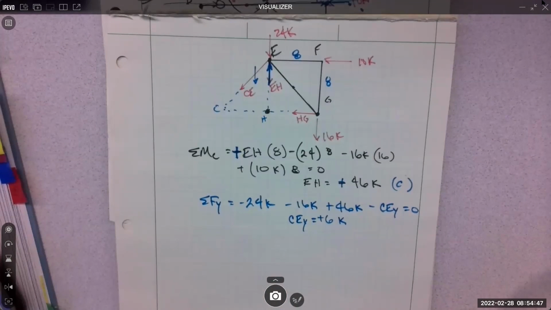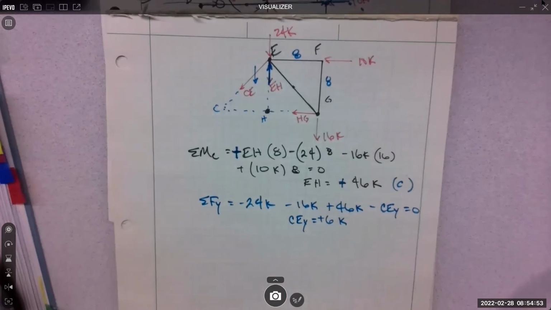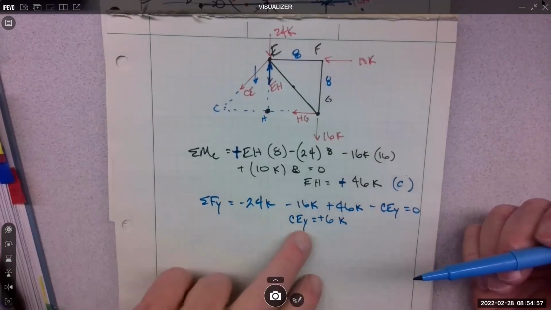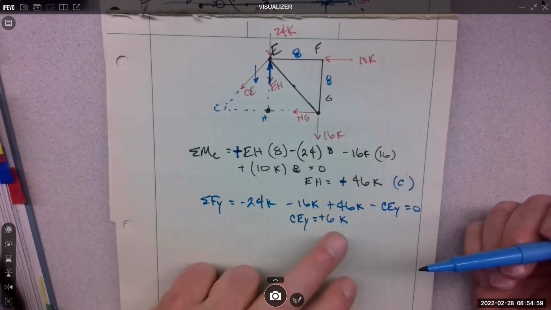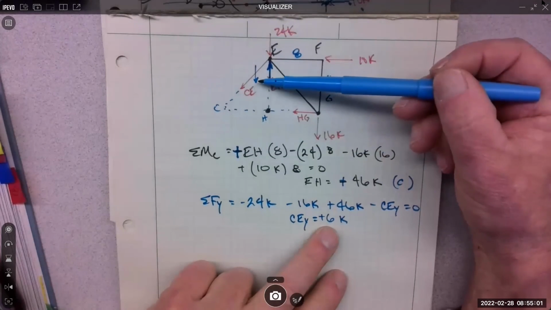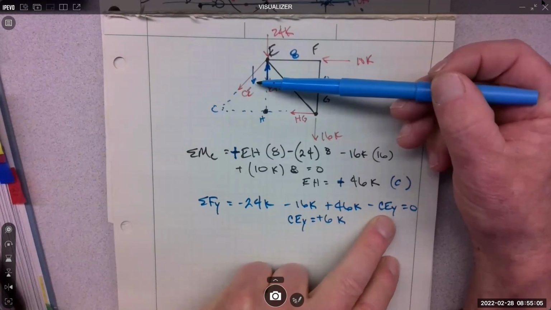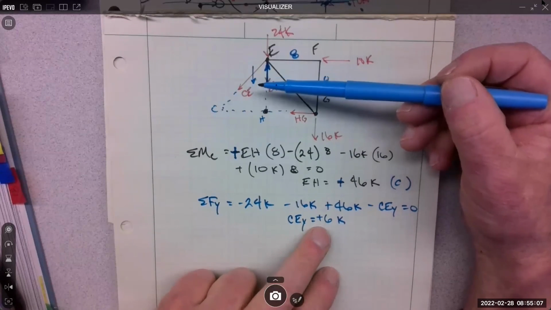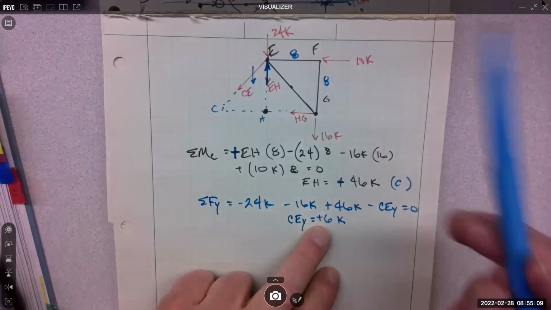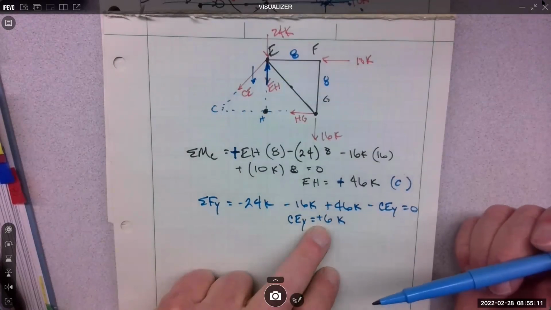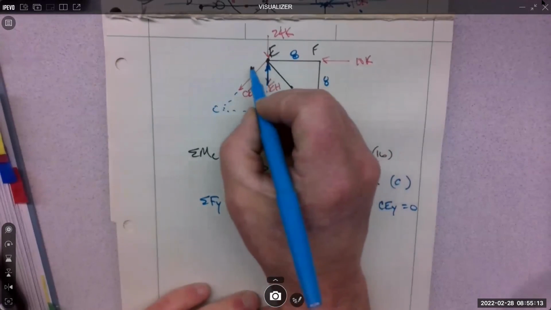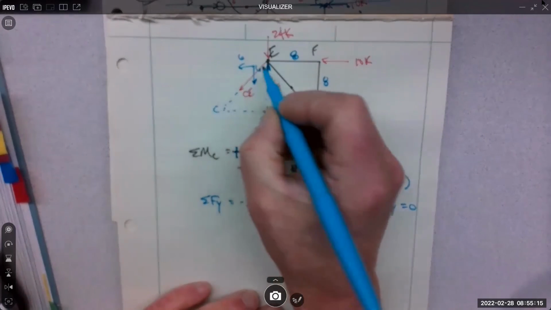Anyone get that to be 6? Yeah, I get 6 positive. Y'all get 6 positive? All right. So that means CEY, because I assumed it going down, I put it in as negative, right? So it comes up positive, which means my direction's good. It's down. Right? And it's 6K, and I know it's 45, so we got 6 and 6.